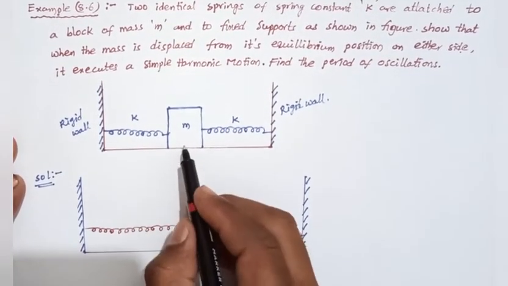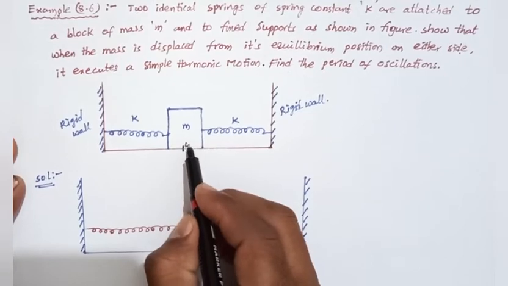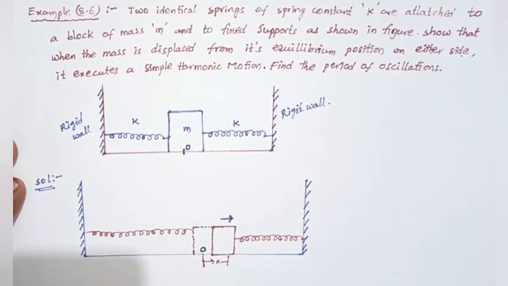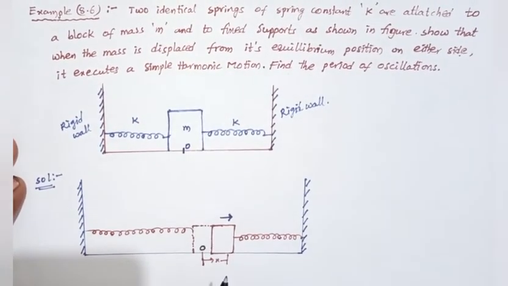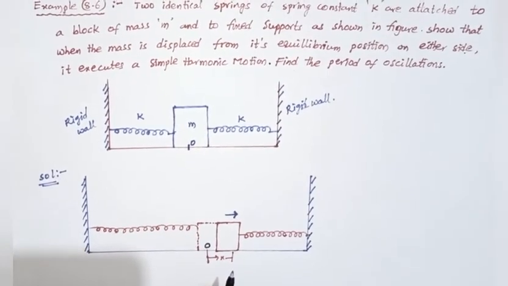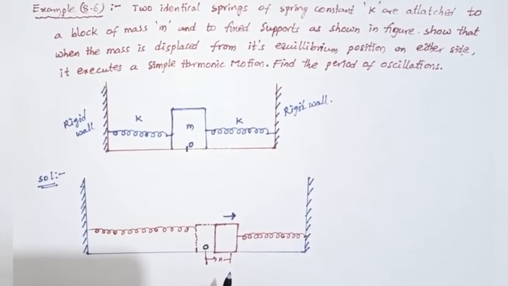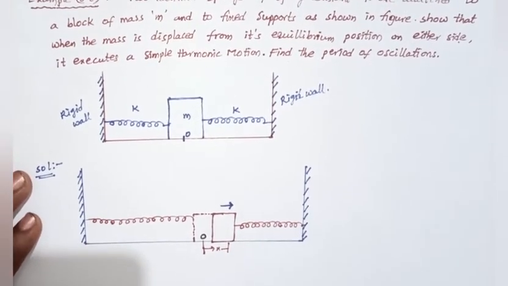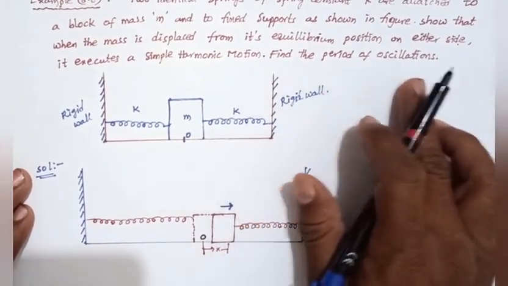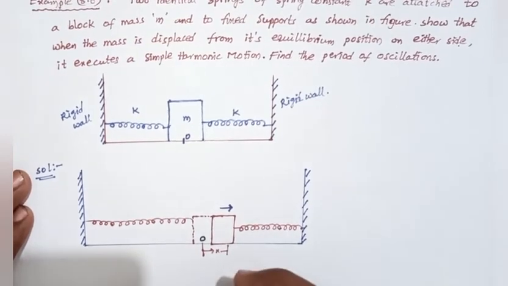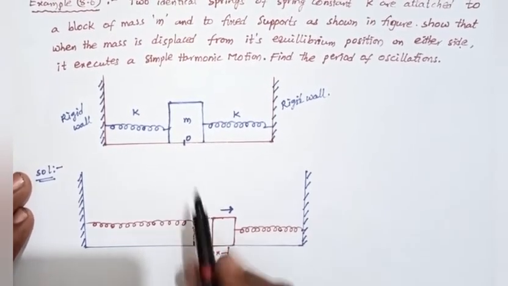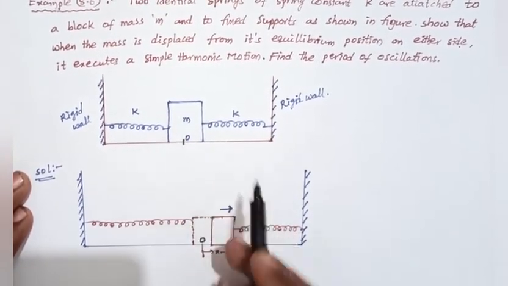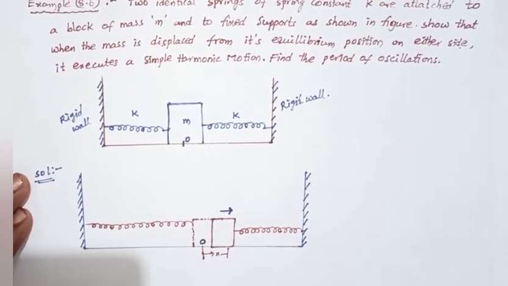Here, listen, this is the mean position, the equilibrium position. At equilibrium position, the normal reaction in the upward direction equals the gravitational force in the downward direction. We know that. So here we find the period of oscillations, and it executes simple harmonic motion when the mass M is displaced to either the right side or the left side.